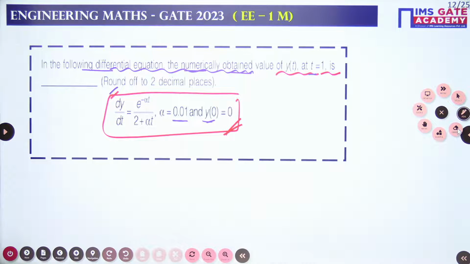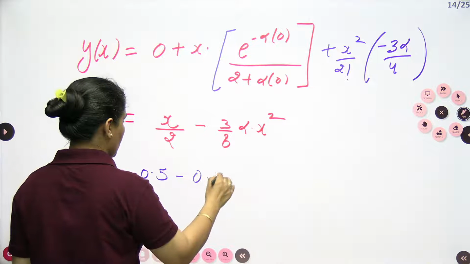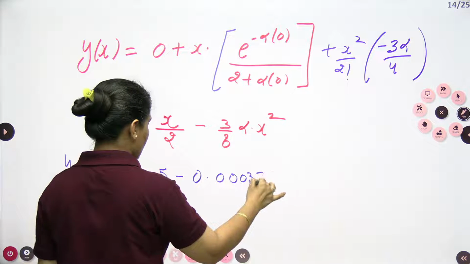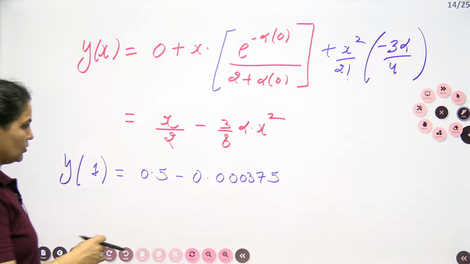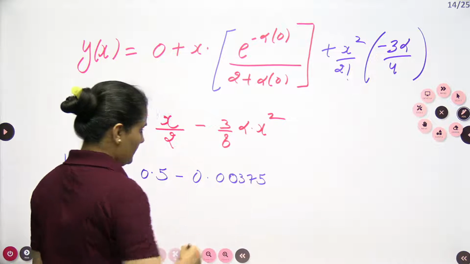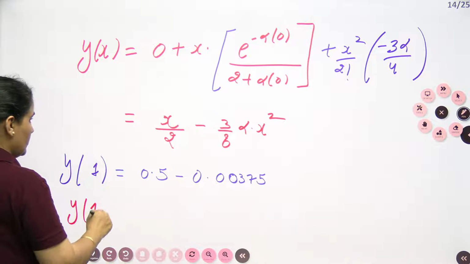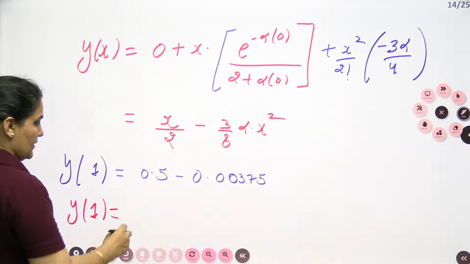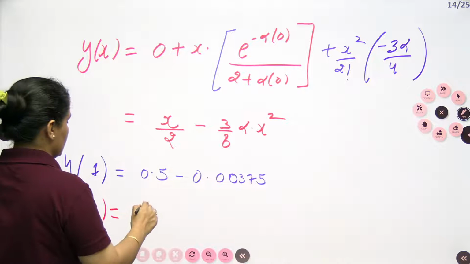So 0.5 minus, when you solve this one, this is 0.00375. Okay, and when I solve this one, directly I can write down the value, which is 0.5 minus 0.00375, 0.496.